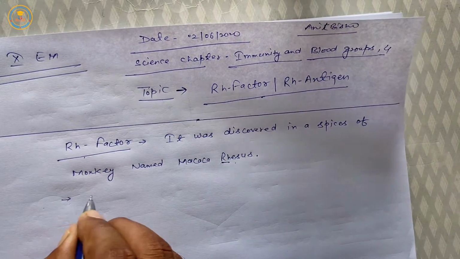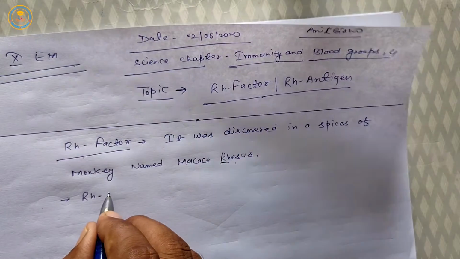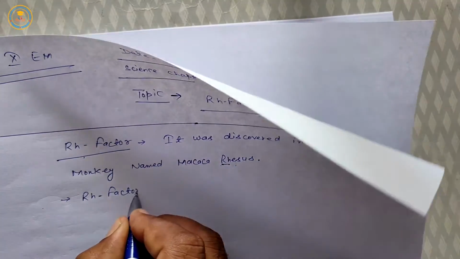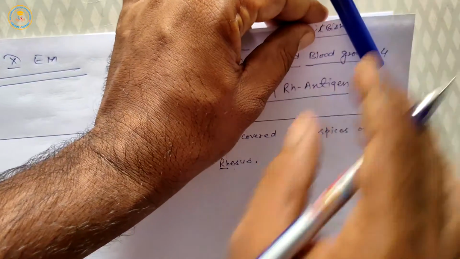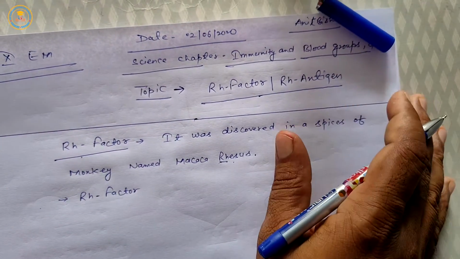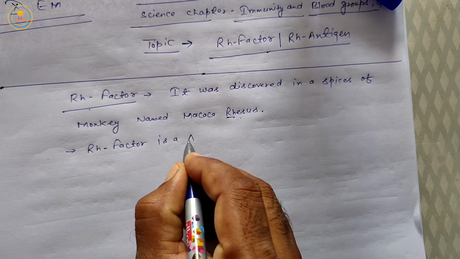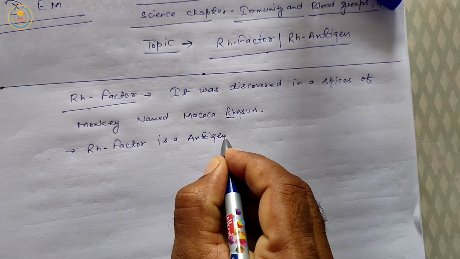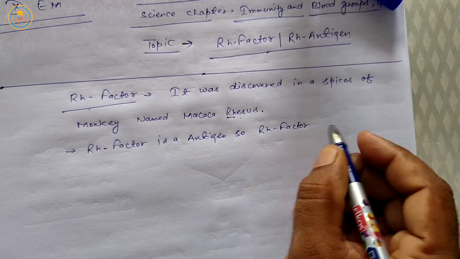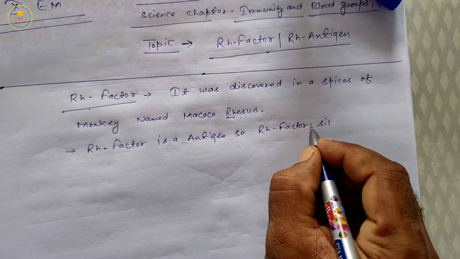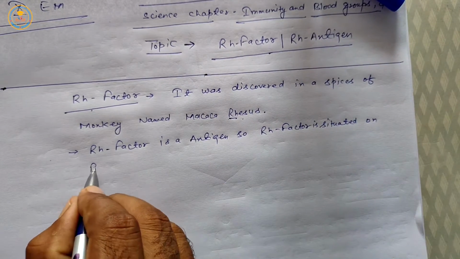Next, Rh factor is an antigen. Rh factor is situated on the RBC surface.